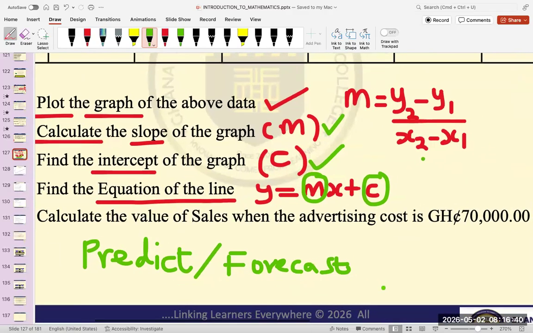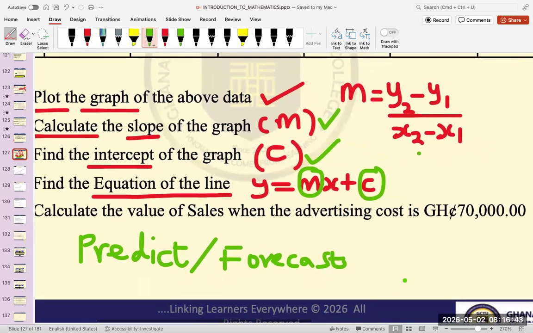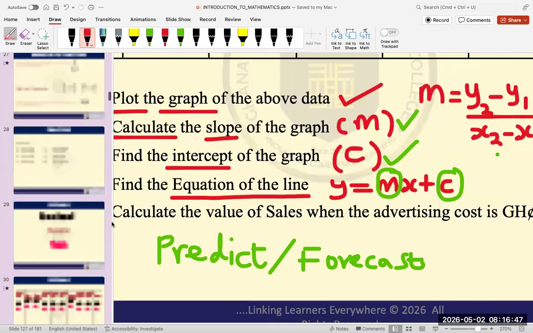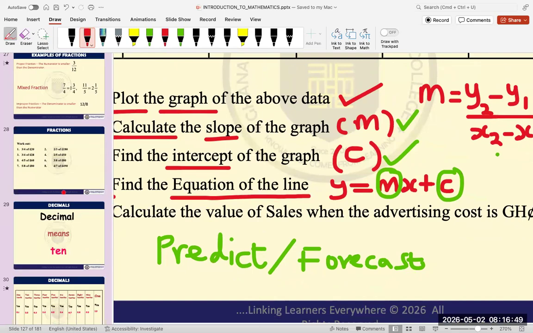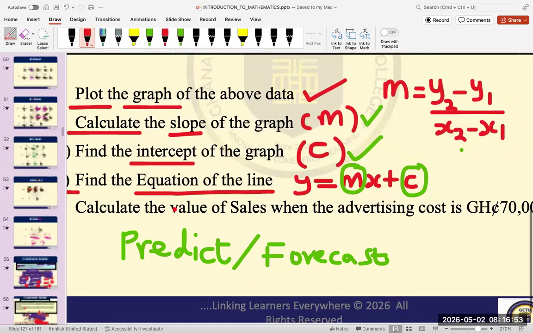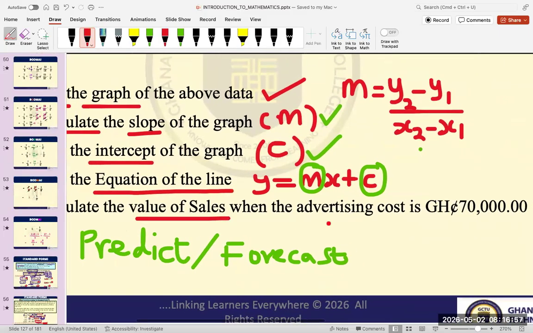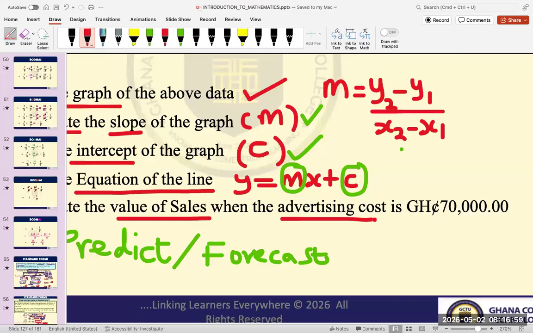So if you have your equation, they are asking you a question: calculate the sales value when advertising cost is 70,000 Ghana cedis.